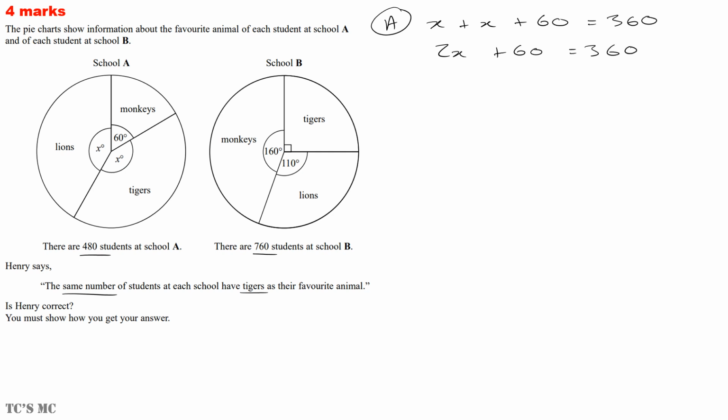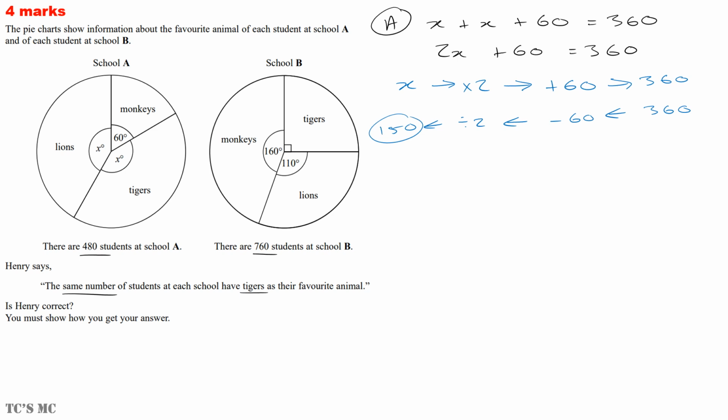I am going to use the flowchart method to solve that. x multiplied by 2 add 60 gives us 360. Go backwards and do the inverse. Subtract 60, which is 300, and then divide by 2, which is 150. Now we have 1 mark.